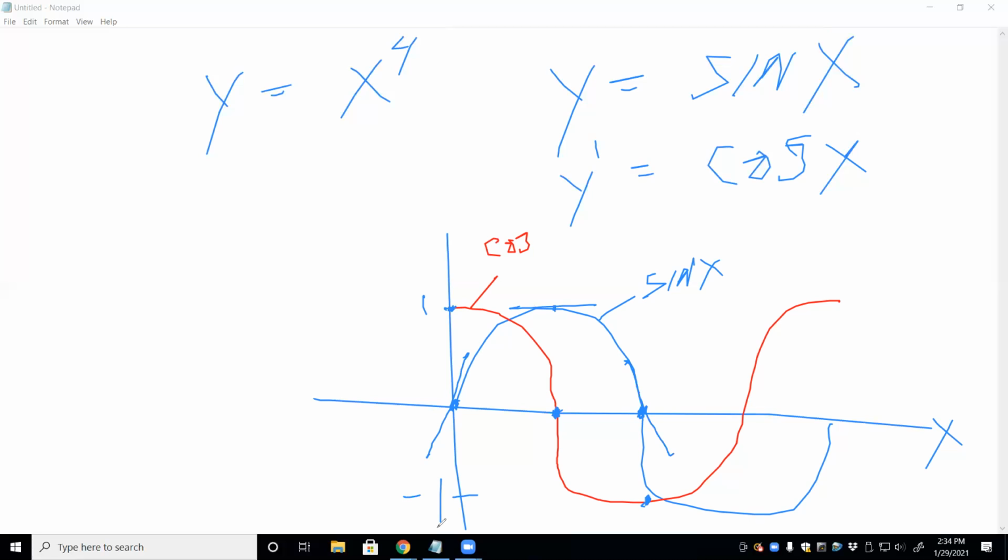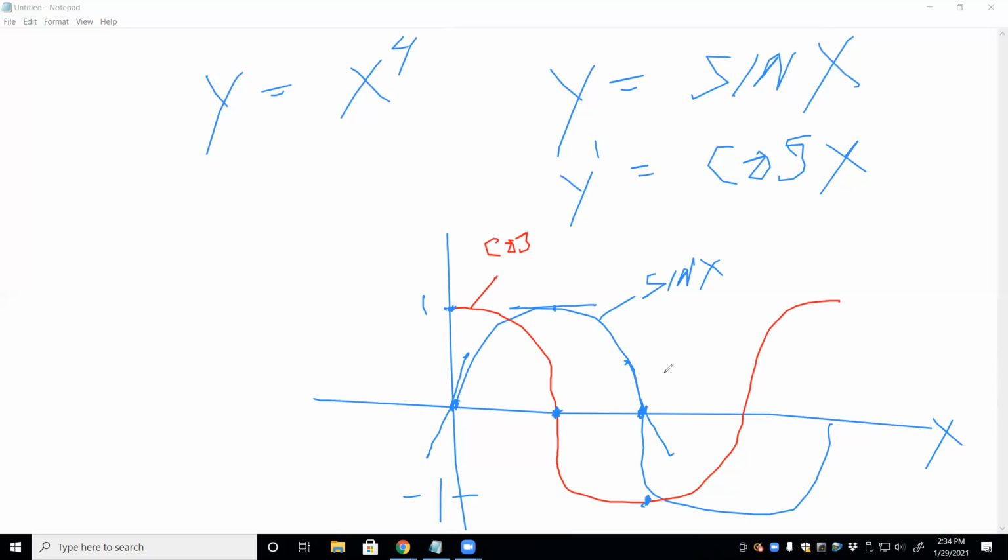So the cosine truly is the derivative of the sine. And you can prove it by just going along a sine curve, looking at the various slopes, and realizing that they match up perfectly with the cosine curve.